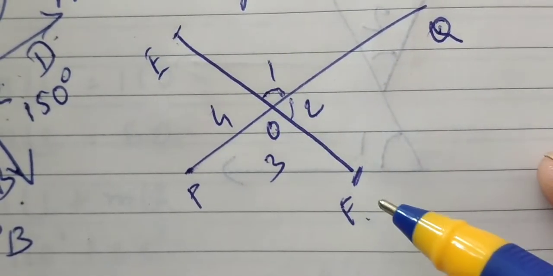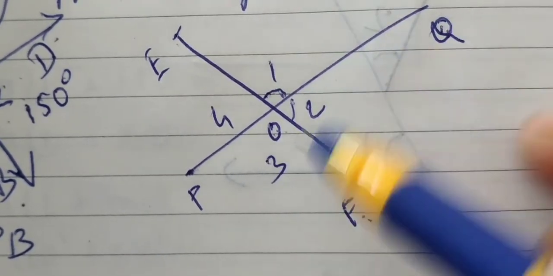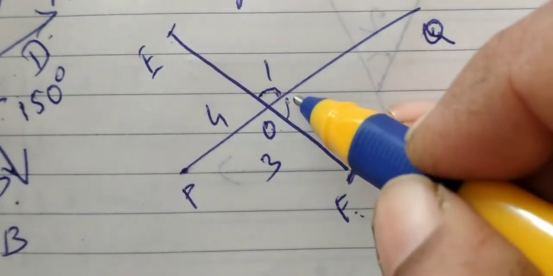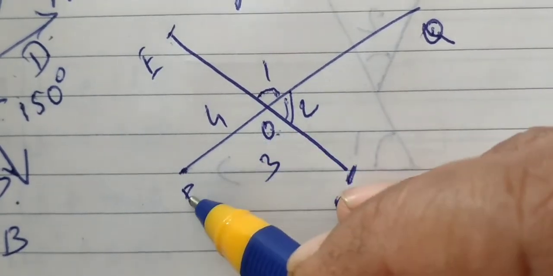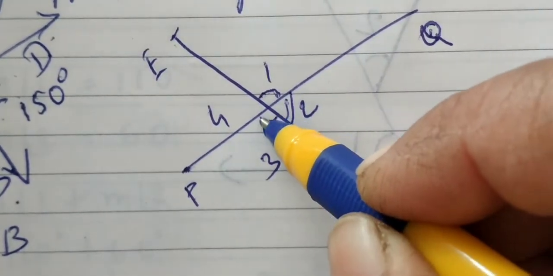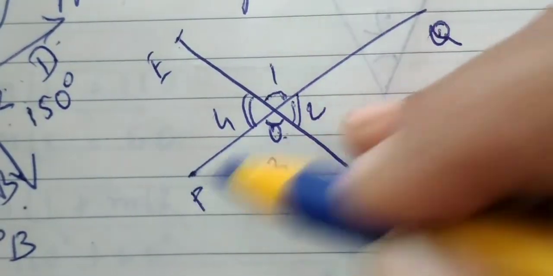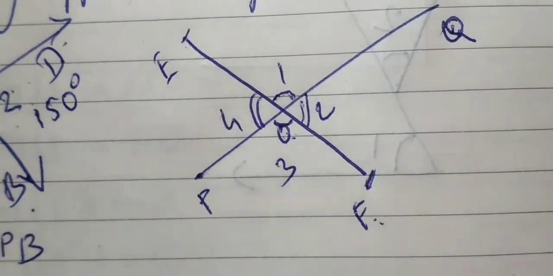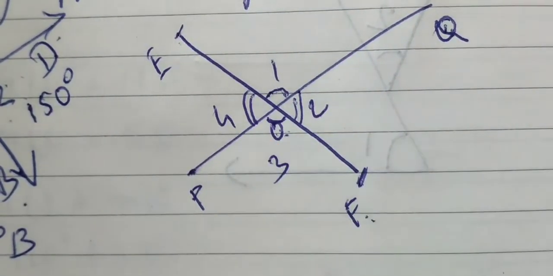QOF. इसको आप FOQ भी पढ़ सकते हो, दो तरह से पढ़ सकते हो, because two arms are there. Now move on to the next, third arm, FOP हो गया तीसरा, and the fourth one POE, right? So instead of reading those big names, you write angle 1, angle 2, angle 3, angle 4.